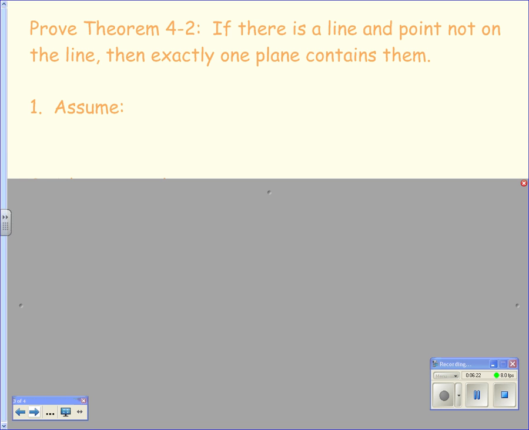Okay, that's one way to word it. If there is a line and a point not on a line, then not exactly one plane contains them. Or they say assume line AB and non-collinear point C are not contained by exactly one plane. So you can use letters if you want. You don't have to. So assume.